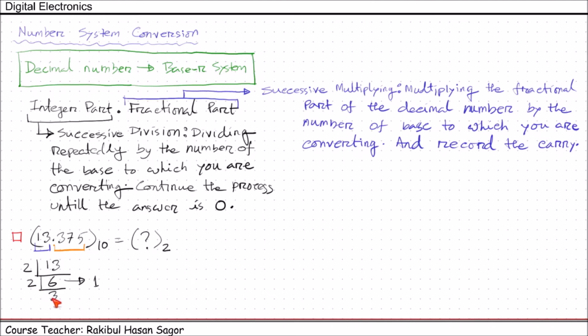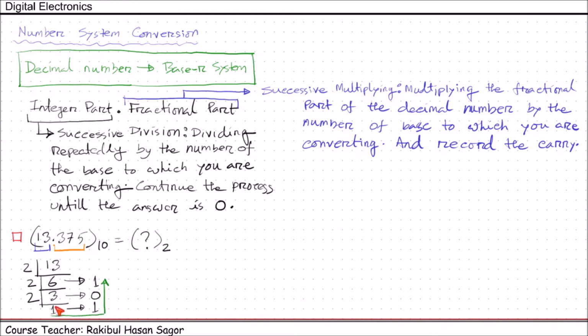So 3 into 2 is 6, so the remainder will be 0. Again 2 gives 1, and the remainder is 1. Finally, if we divide 1 by 2, the result will be 0, so no need to do it. And the writing order will be like this.